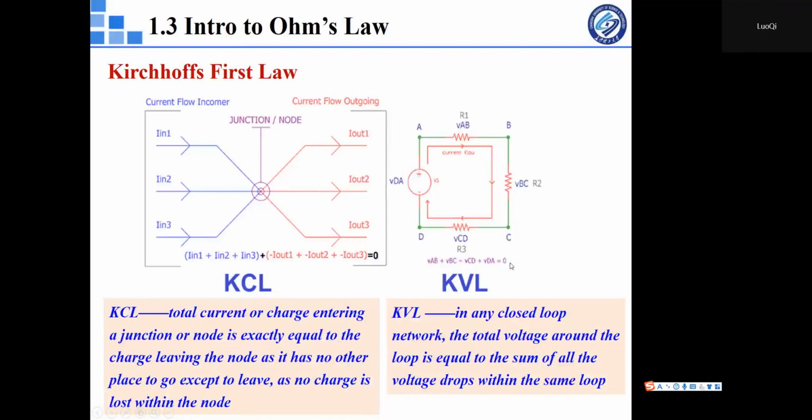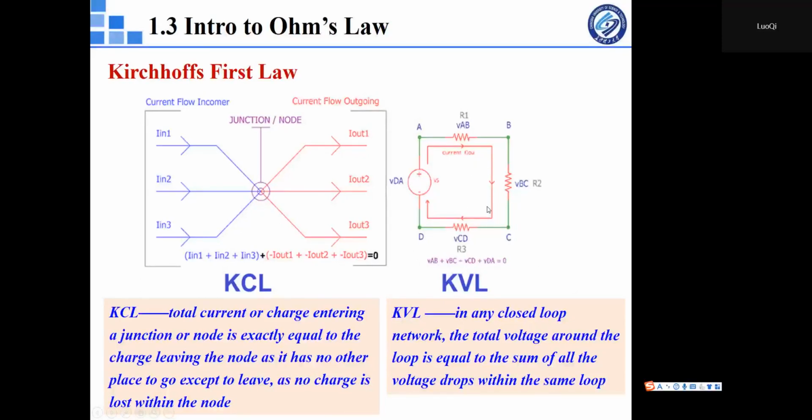And the KVL, Kirchhoff's second rule: in any closed loop network, the total voltage around the loop is equal to the sum of all the voltage drops within the same loop.